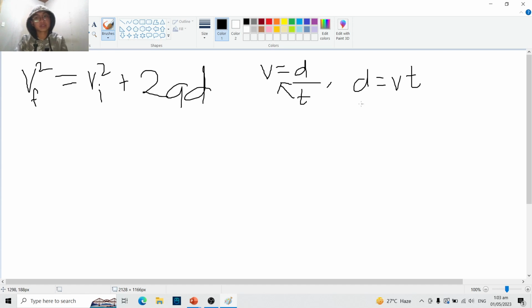So to get this equation, we have two equations to remember. First is the average velocity, which is equals to Vf or V final plus V initial over 2.